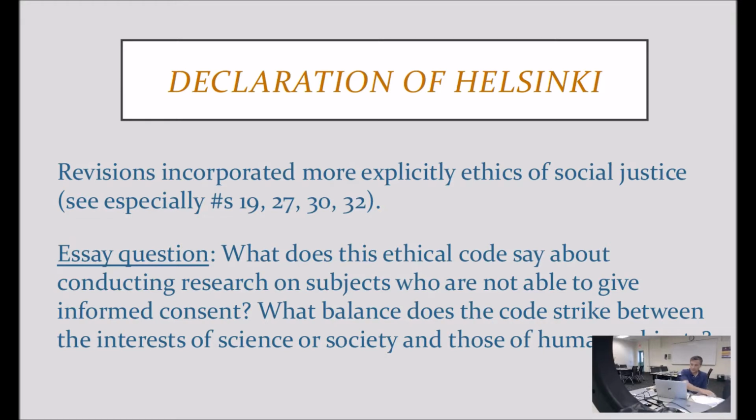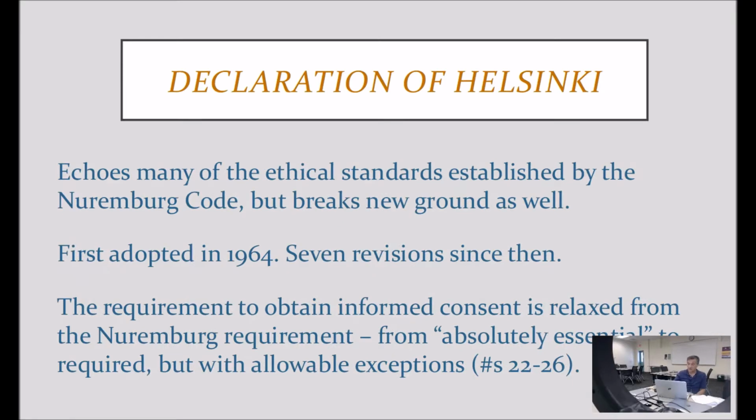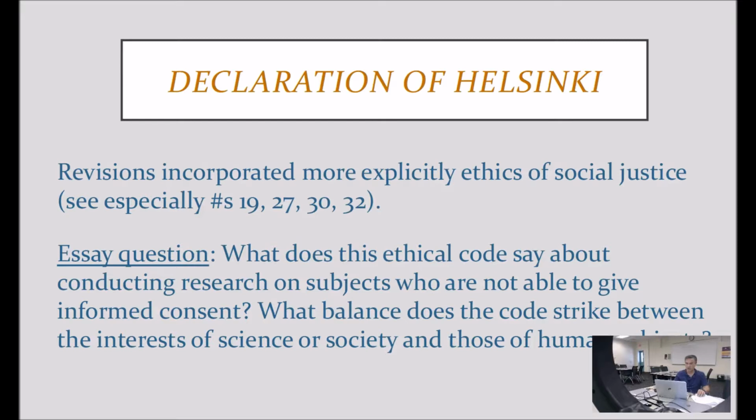Okay, so your code, what does it say about conducting research on subjects who are not able to give informed consent? I've already indicated in the previous slide that the paragraphs you'll want to focus on will be mainly 22 through 26. Now I want to point out a couple other paragraphs that are relevant here.